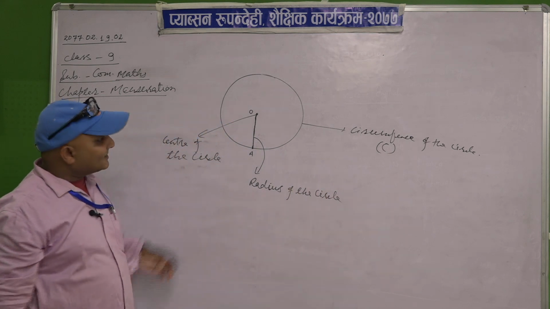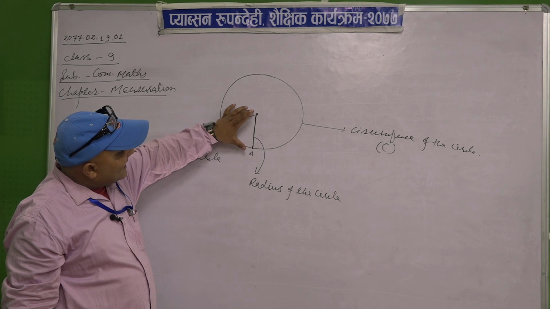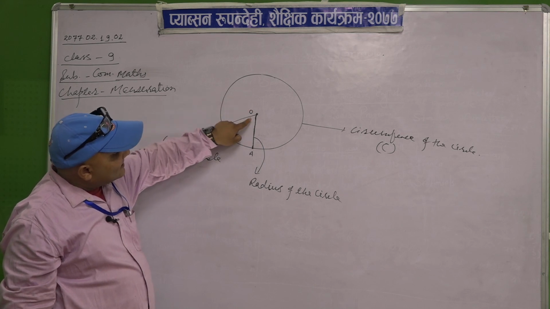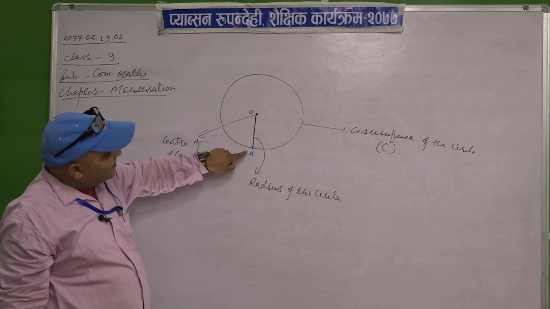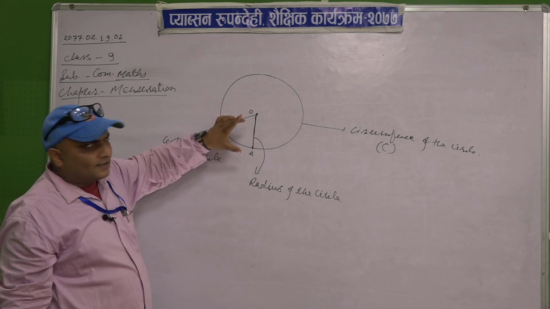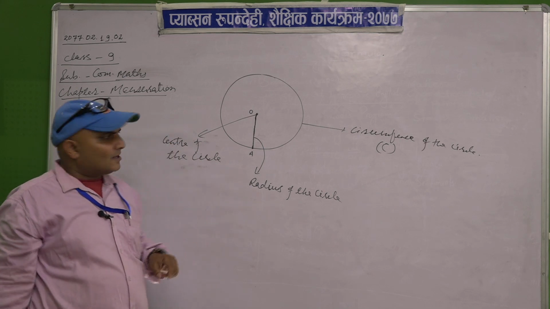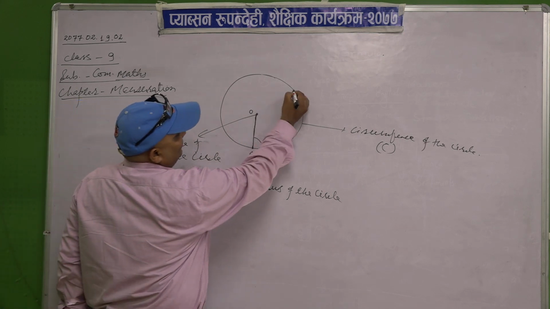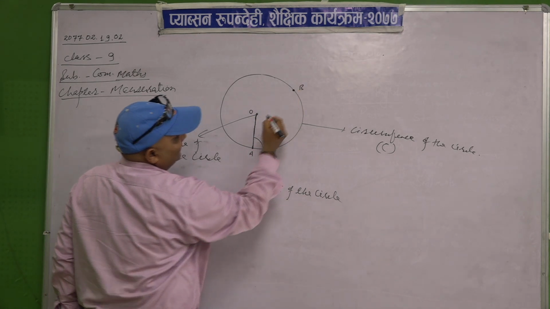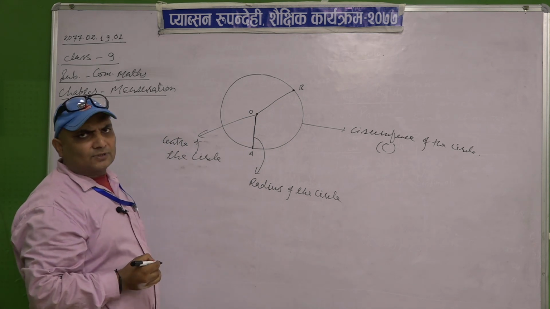So what is the radius of the circle? The radius is the line which joins the center of the circle with a point on the circumference, or simply the distance between the center point and the circumference. Suppose another point here is B. If you join O and B, this is also a radius.